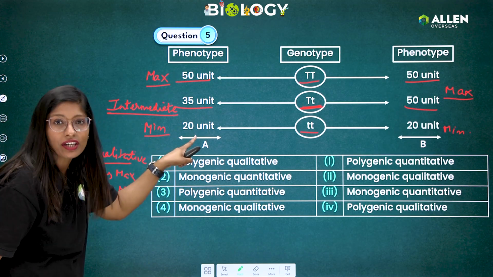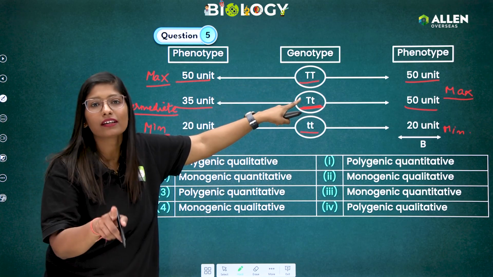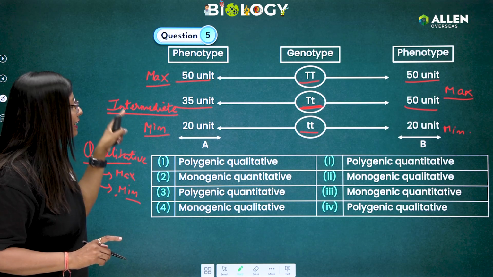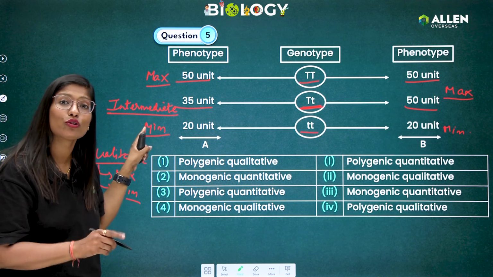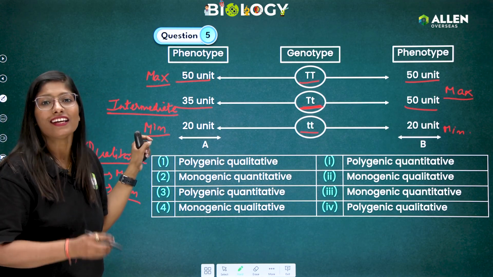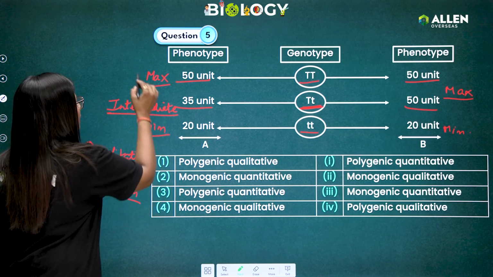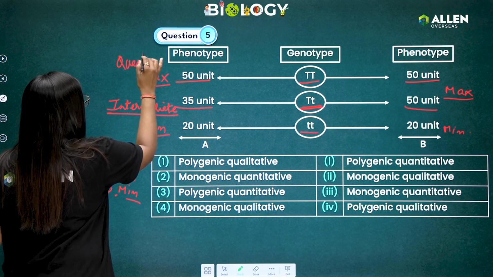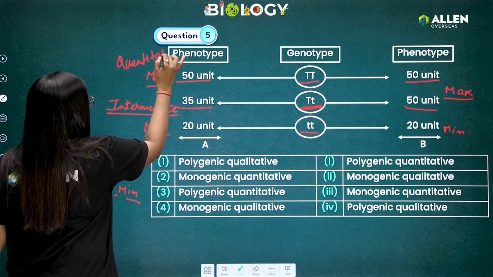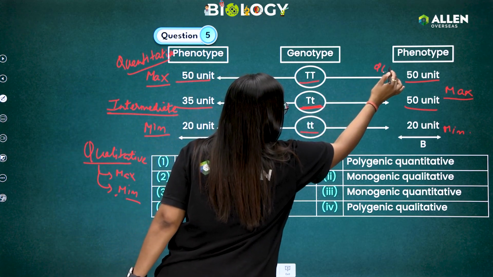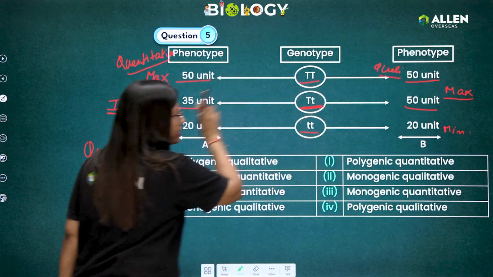Whereas if it is a quantitative character, the quantity of dominant allele determines the expression, and therefore you not just get the maximum and minimum, but you also get the intermediate expression or intermediate phenotypes, and therefore we can say this is quantitative, quantity, and this is qualitative, right? So these things are clear.